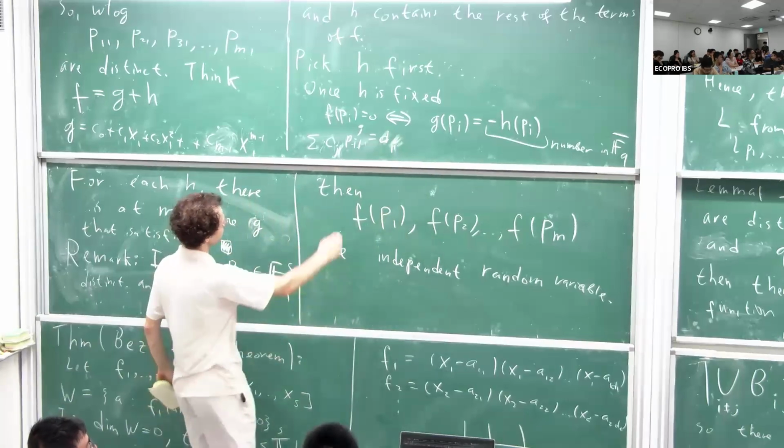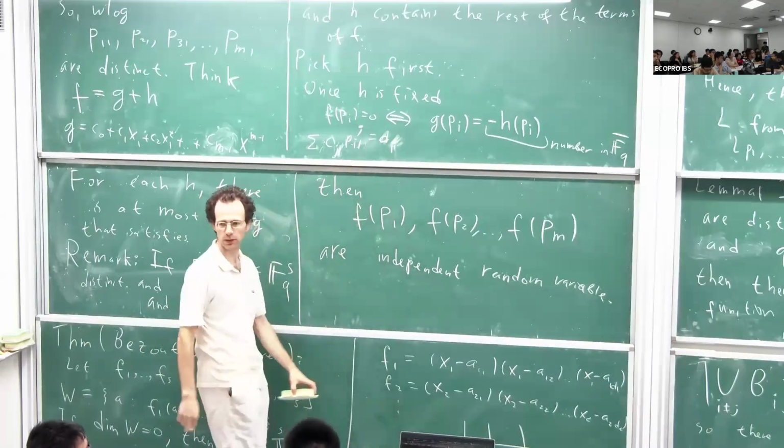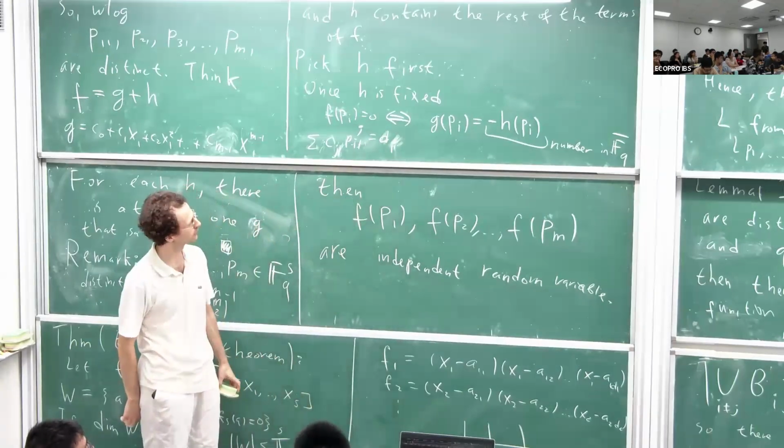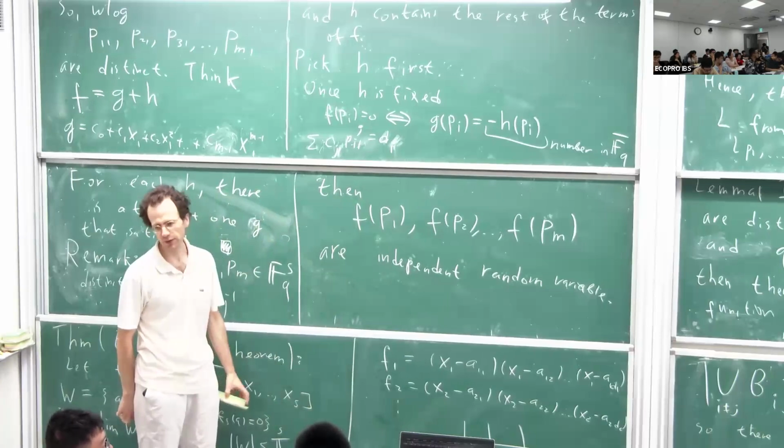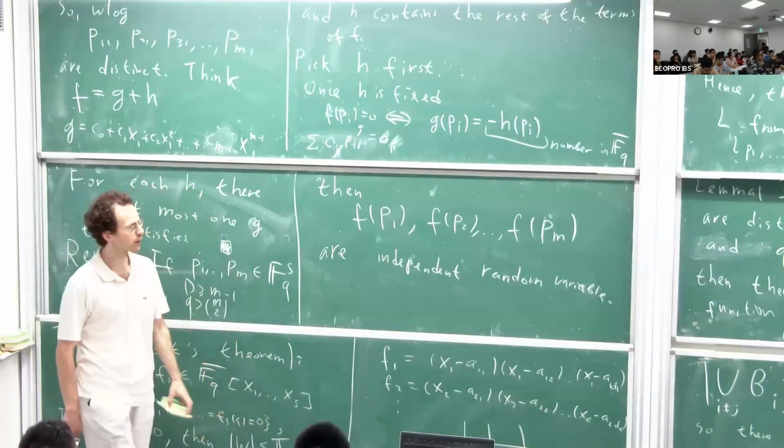So this is one Vandermonde matrix times the coefficient vector equal to the right-hand side. I feel it should be easier to prove, but yes. All right.